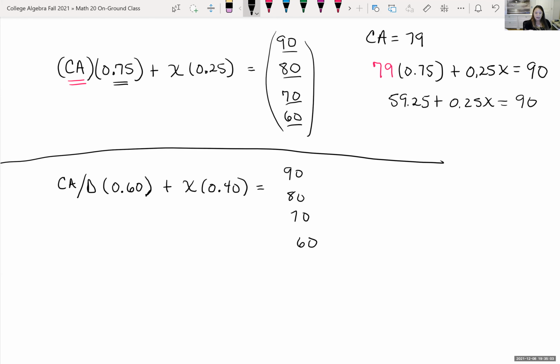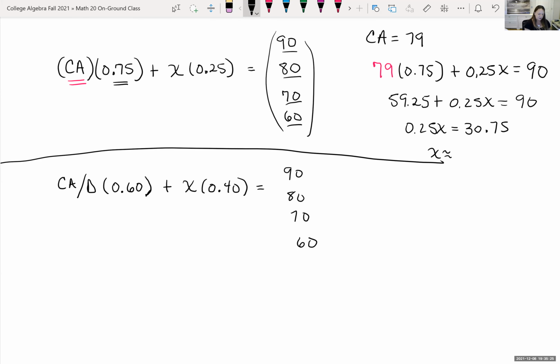So we want to isolate our term with x. So we're going to subtract 59.25 on both sides. So we get 0.25x is equal to 30.75.